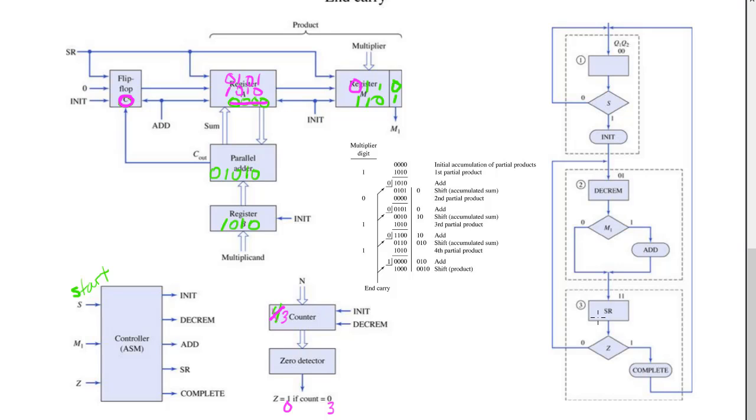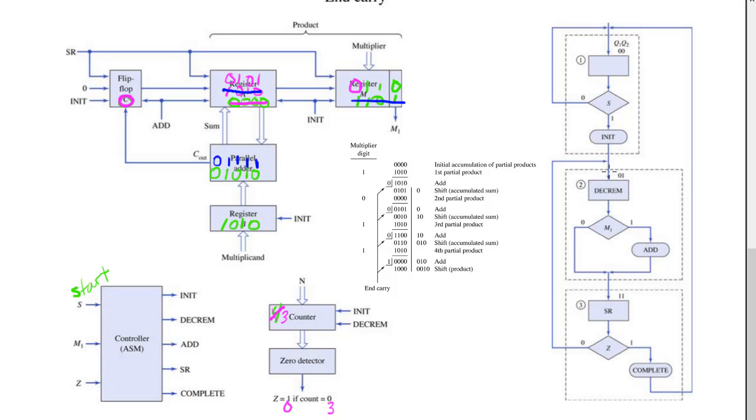Now the minute this shift occurred and these values changed, that 1 plus that 0 adds up to 1. That 0 plus that 1 adds up to 1. That 1 plus that 0 adds up to 1. That 0 plus that 1 adds up to 1, and we have a carry of 0.